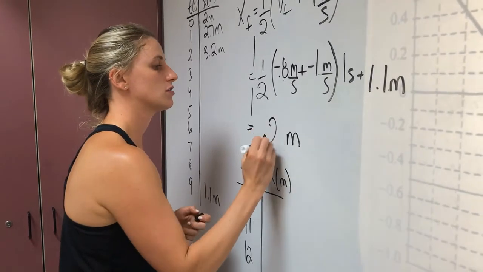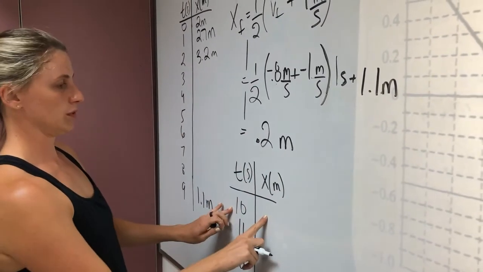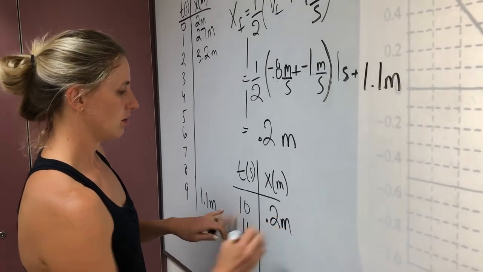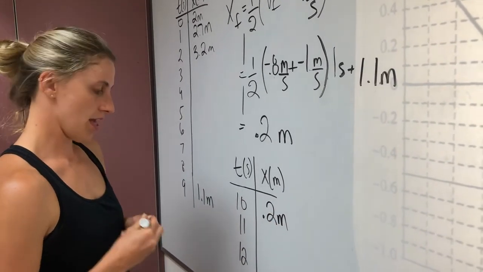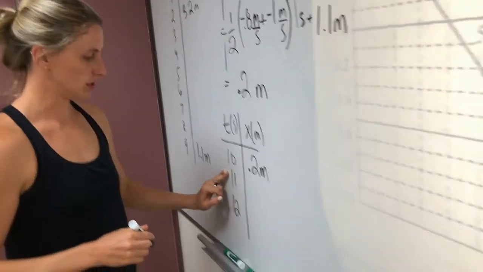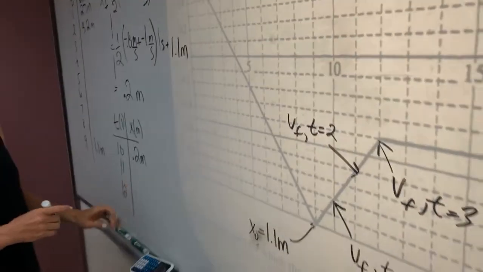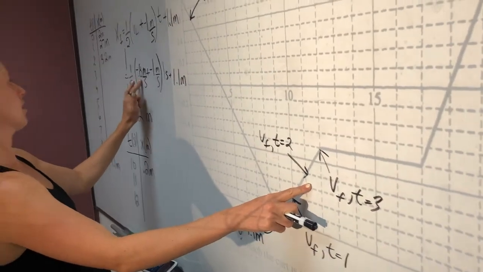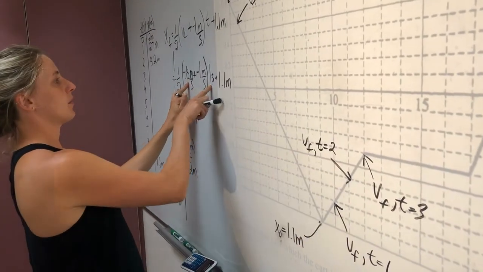So 0.2 meters. Now, what do we do with this? We come down here and put it in our chart. And then what you guys are going to do is keep on going, and again, the only numbers that you are going to change are the velocity right here and the time right here.